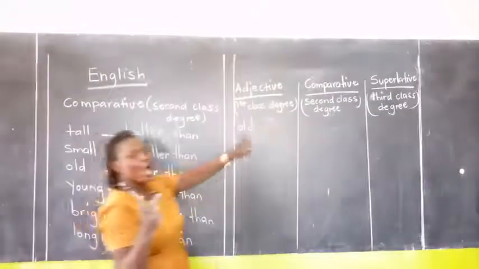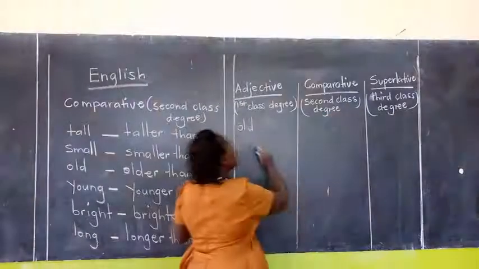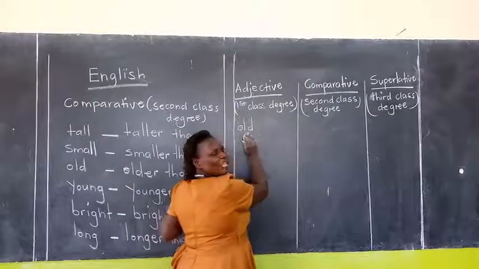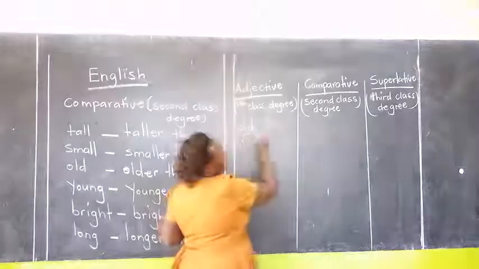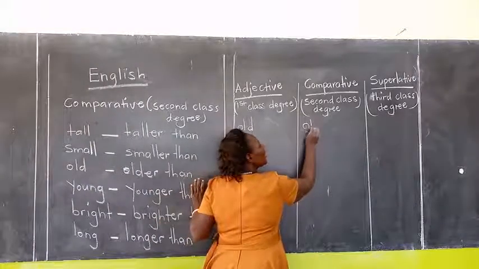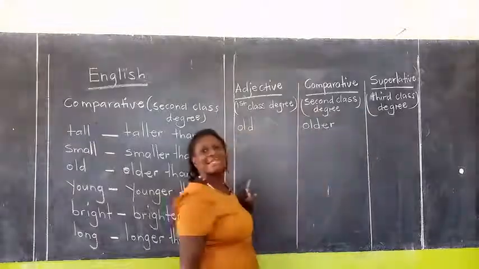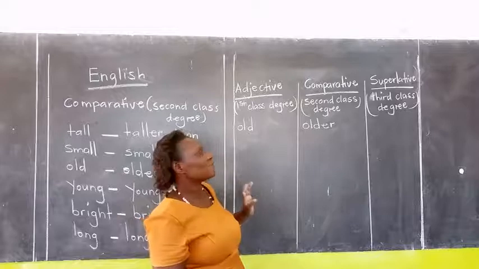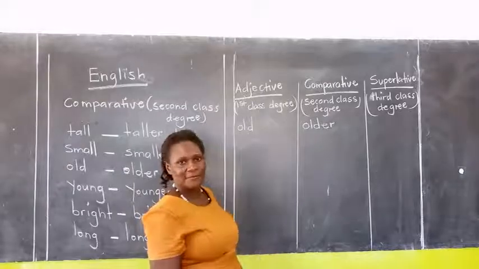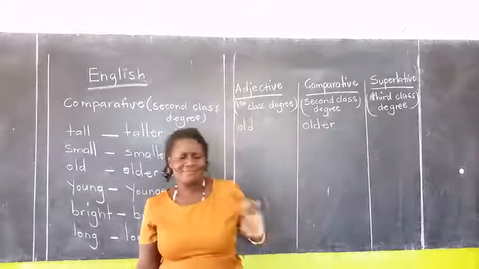Then it goes to the comparative, the second class degree. This one is old. But again, the second one looks a little bit extreme. We say older. With the second class degree, we add ER to the adjective to make it comparative. Older.